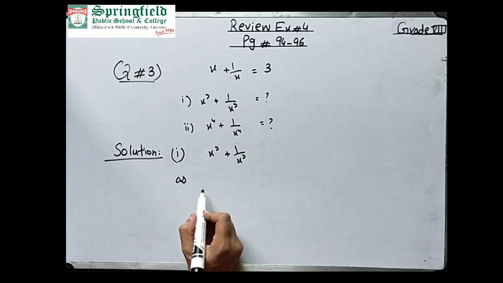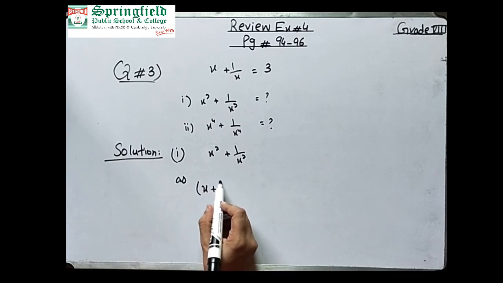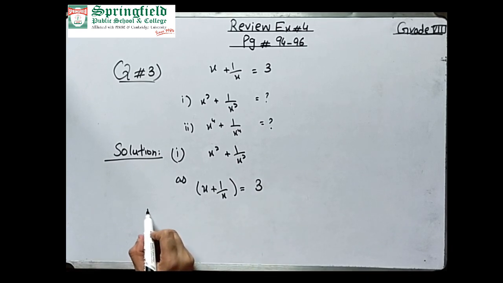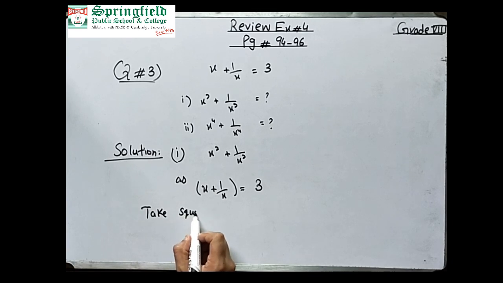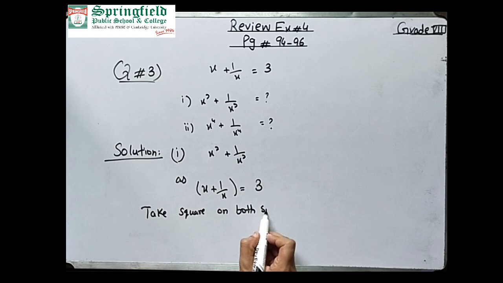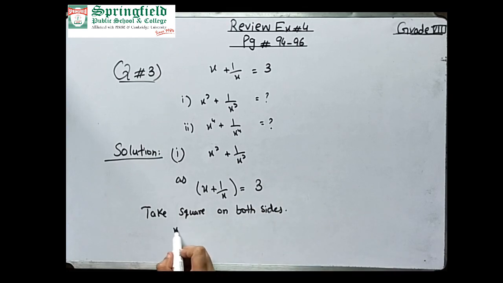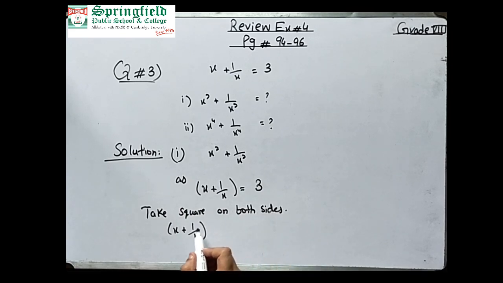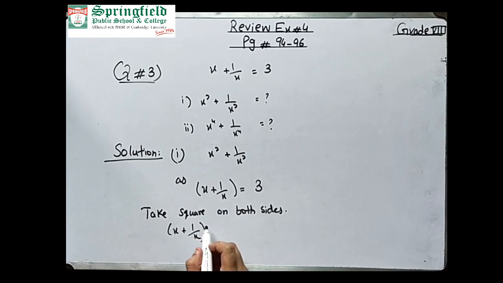As the given value of x plus 1 by x is equal to 3, take the square on both sides. We have already done this type of question in the previous assignment, so you know how we can find x square plus 1 by x square. So take the square on both sides.